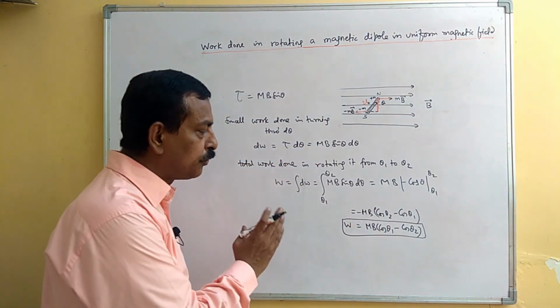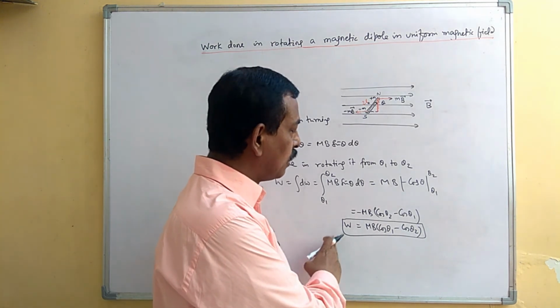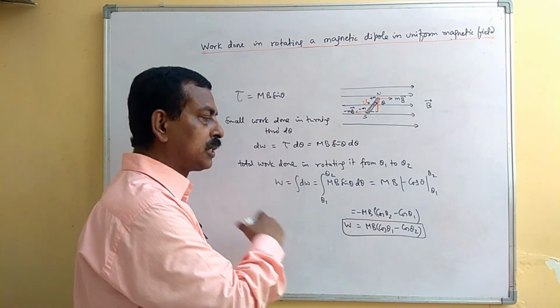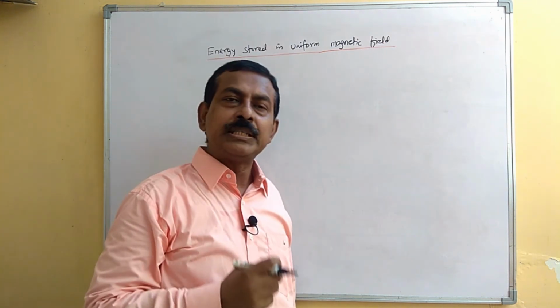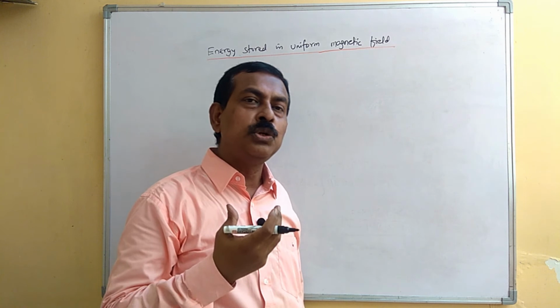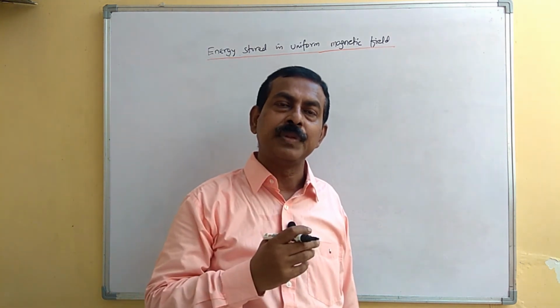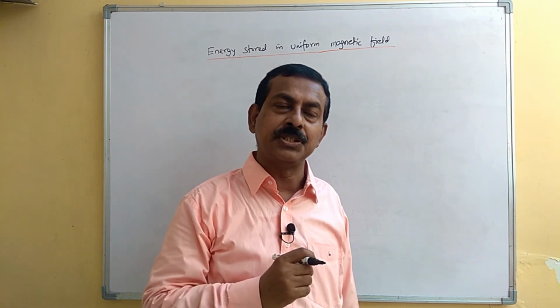So this is the expression for work done in rotating a magnetic dipole in a uniform magnetic field from theta 1 to theta 2. Let's take energy stored in a uniform magnetic field. As we know, work done on a system is stored as its potential energy.